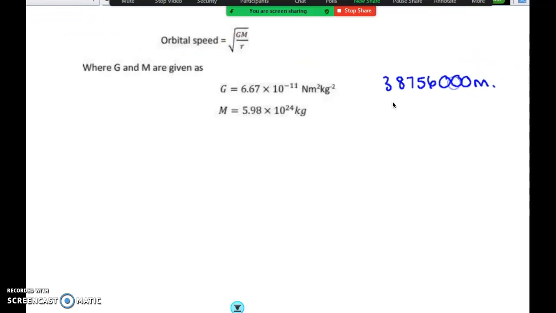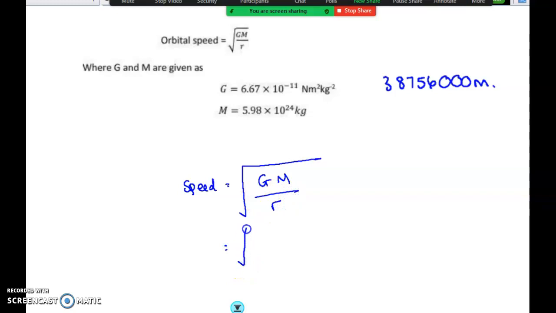Okay, so that's everything I need. I want to work out this orbital speed then. So my formula is the square root of G times M divided by r.